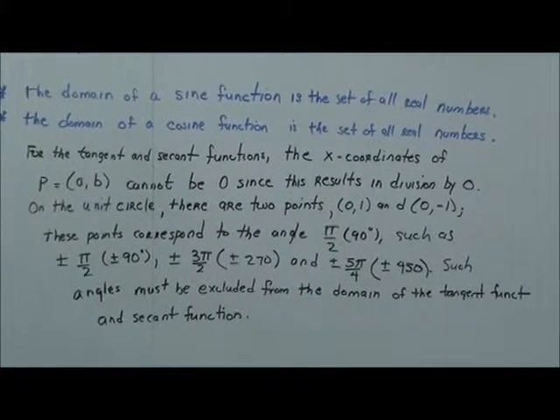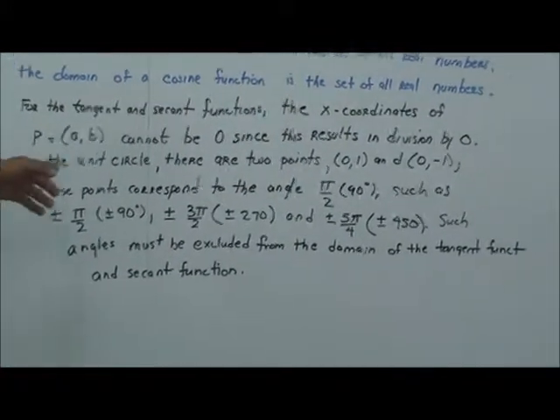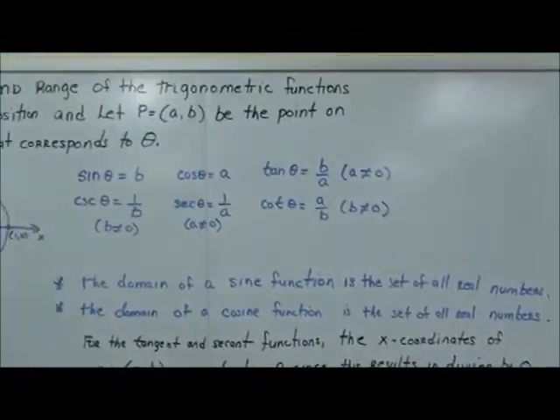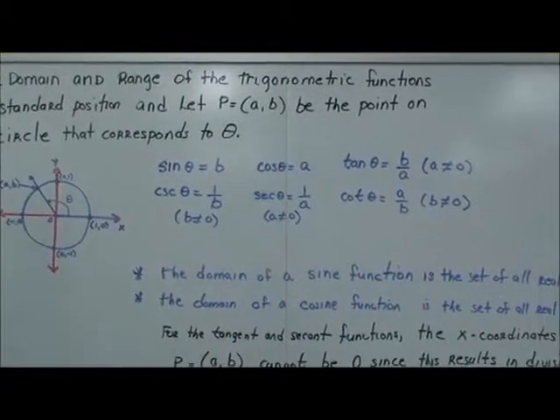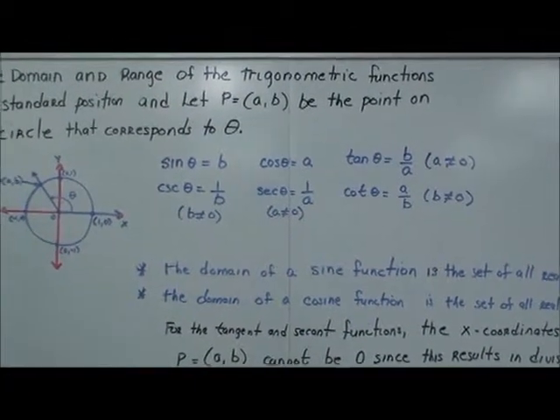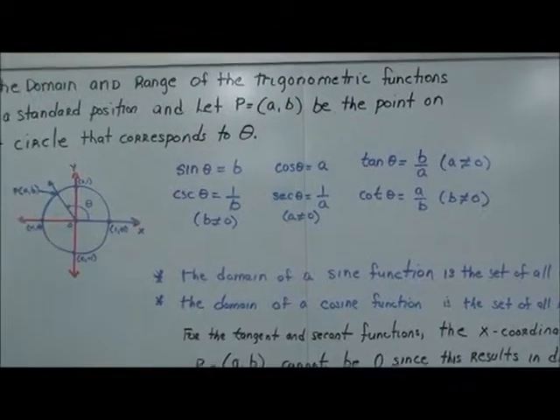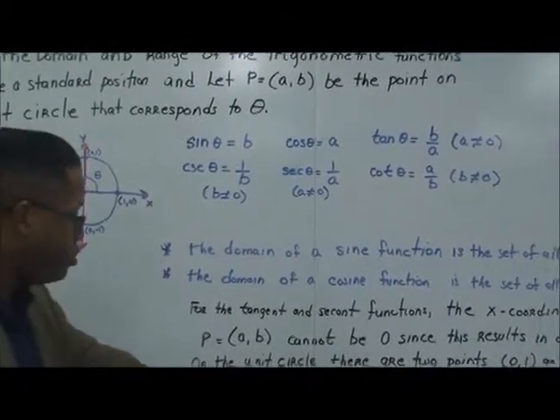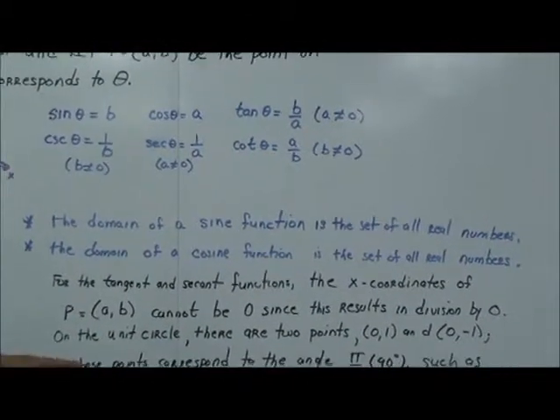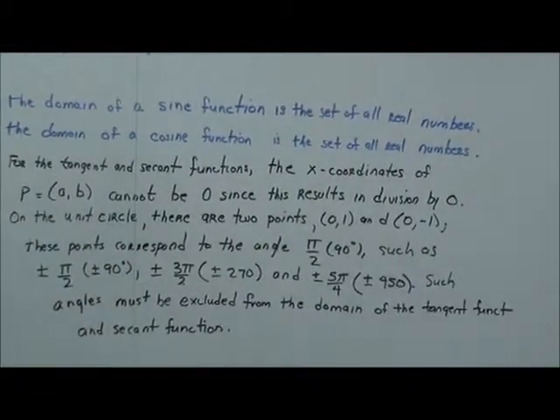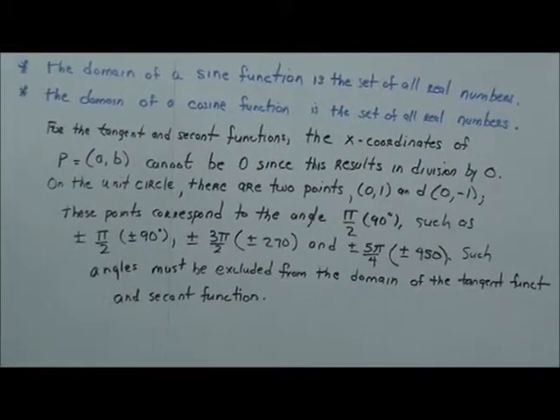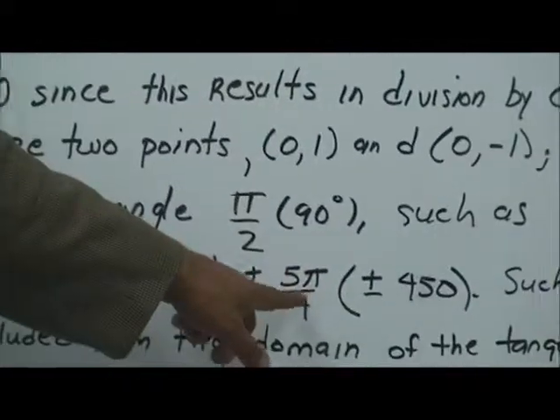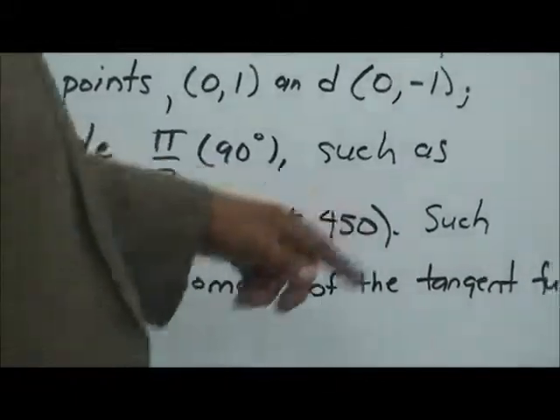Now, on the unit circle, and I'll explain this, there are 2 points: (0, 1) and (0, -1). Those points correspond to pi/2 in radians, which is 90 degrees, so we have plus or minus pi over 2, or plus or minus 90 degrees, or plus or minus 3 pi over 2, which is 270 degrees, and also plus or minus 5 pi over 2, which is 450 degrees.